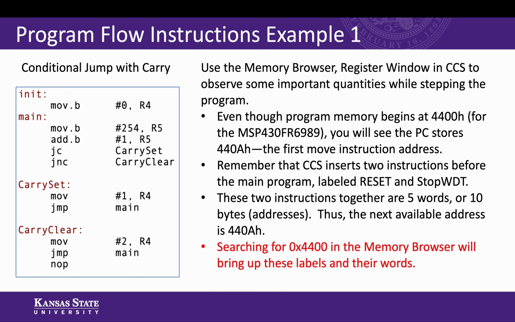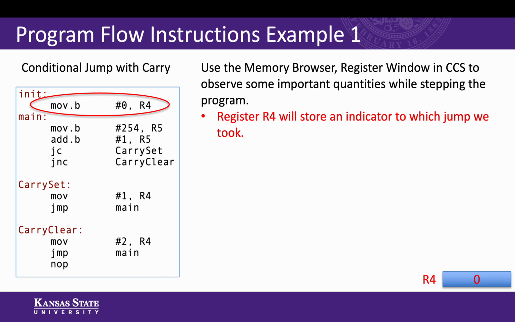Open it up and search for 0x, so you have to put the 0x there to specify hexadecimal, then 4400. That will bring up the reset label and the stop WDT label as well, and the words they're storing. So that's a way to verify that this is where program memory starts, and those labels are taking up five words.